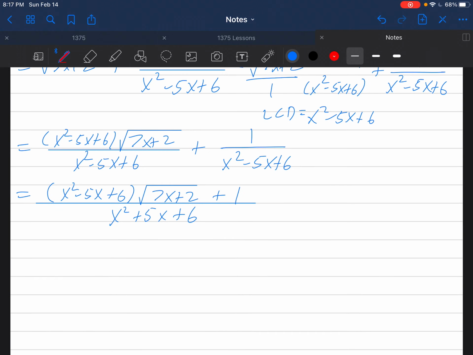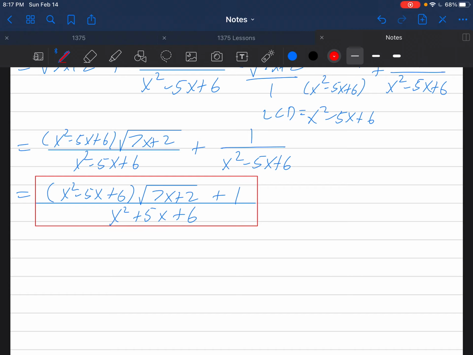All right, now it looks like we're going to be able to cross these out, but keep in mind we can't. That's because in order to reduce a rational expression, you've got to factor it first, and there's no GCF or anything here that will factor. So we can leave it like this. All right, looks like this thing can be left alone, just like that. So this is our function.